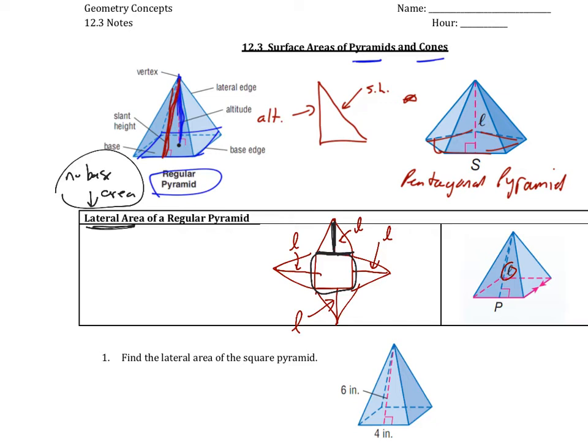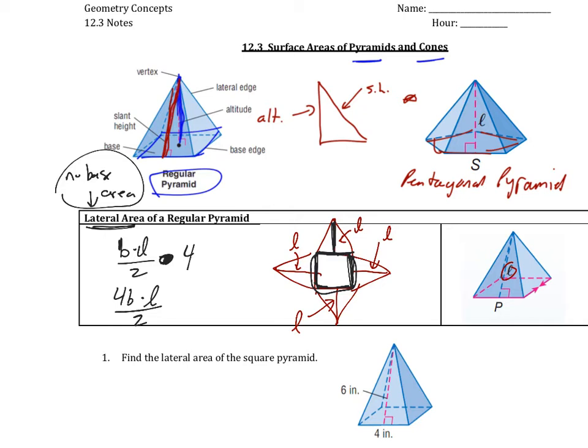So if I call it a base edge, base times slant divided by 2, but then I'm going to multiply it by 4. Well, if I rework this a little bit, I can just call this 4 base times L divided by 2. Why did I go 4 bases? Well, 4 bases is going to be the perimeter of the base.